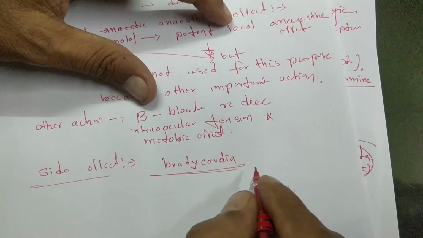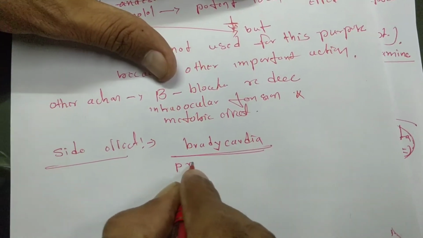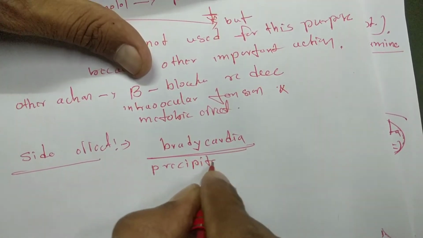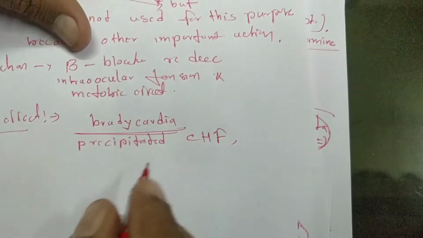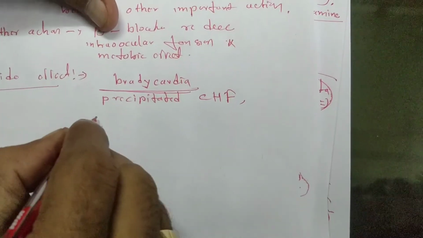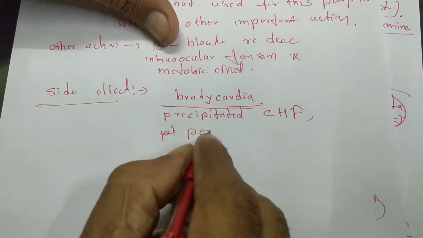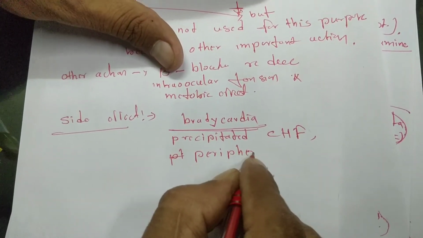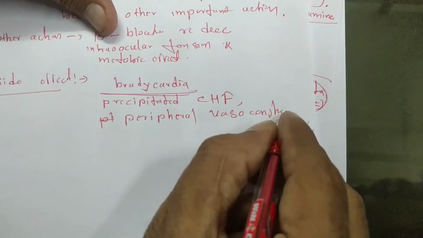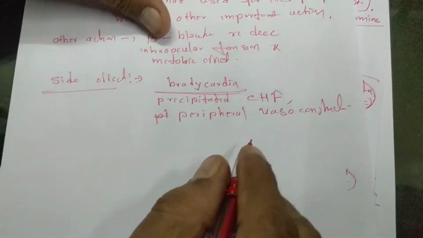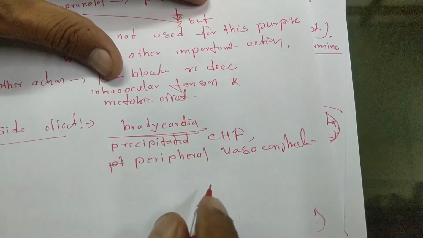It can also precipitate CHF, congestive heart failure, peripheral vasoconstriction, and sodium and water retention.